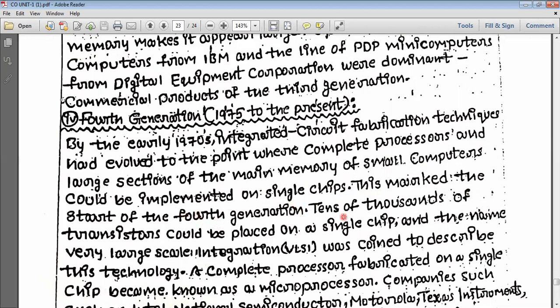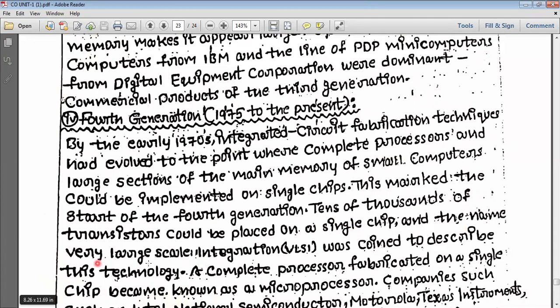What is meant by this? Tens of thousands of transistors could be placed on a single chip. So based on this, the size will be reduced, because thousands of transistors are placed on a single chip.